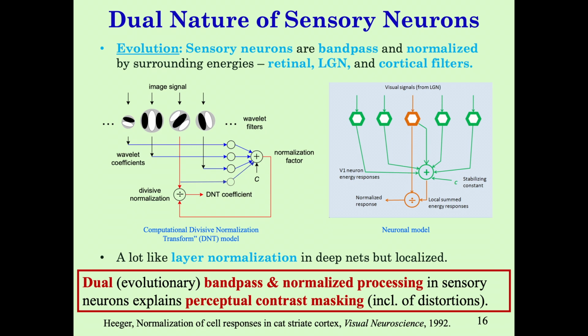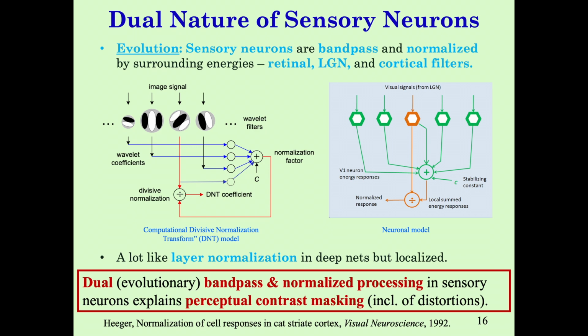Okay, so here's sum up the energies, divide. We can do this using algorithms, but it's also what's done in the brain. Okay? So these can be ganglion neurons or they can be cortical neurons. The same kind of normalization occurs.